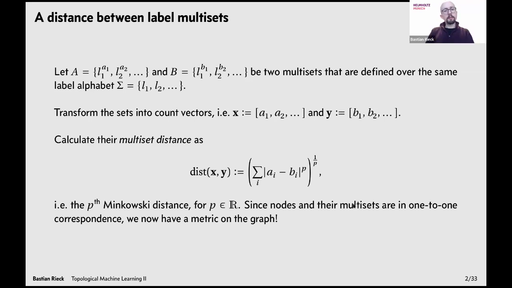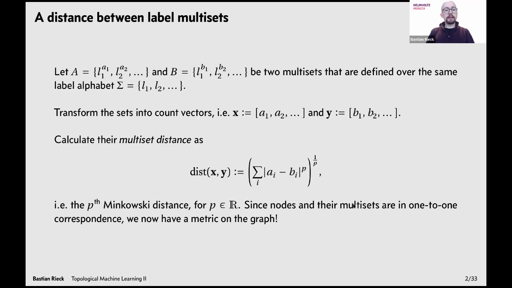We can transform these multisets into count vectors. So instead of writing the label and tracking that, we can just write the counts of each label, right? And remember that, as I said, we assume that we're operating over the same label alphabet, so that always works.